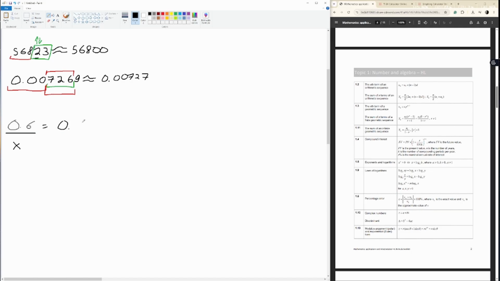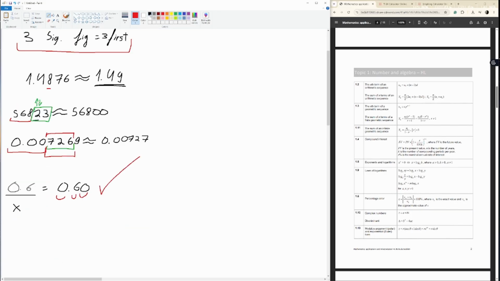Therefore you have to put zeros at the end to make sure that you have the correct 3 significant figures, which gets you the full marks. And that should be about it for this as well.